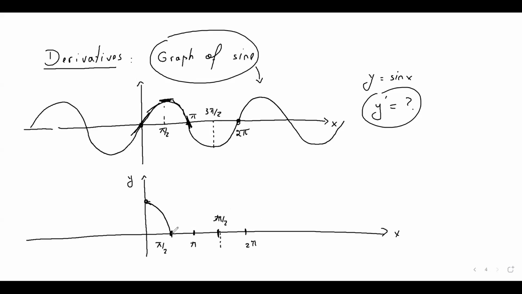And then we go to 0 here, and we go down to negative 1 over here. But after we pass negative 1, it's still negative but slightly increasing until we get to 0. Then we continue with a graph like that, all the way to 2 pi. At 2 pi, we get again 1. And then we continue decreasing, and this pattern is going to repeat itself.